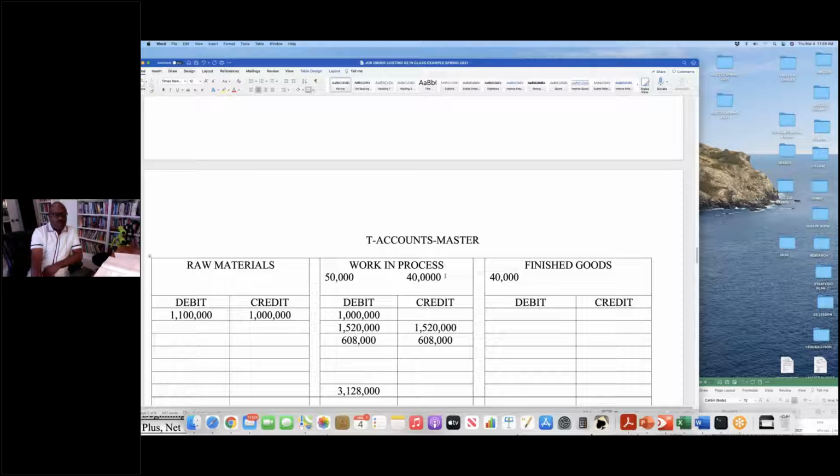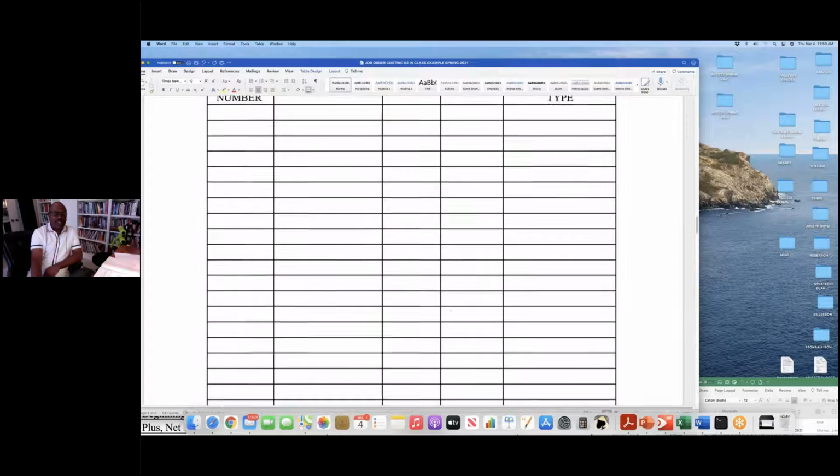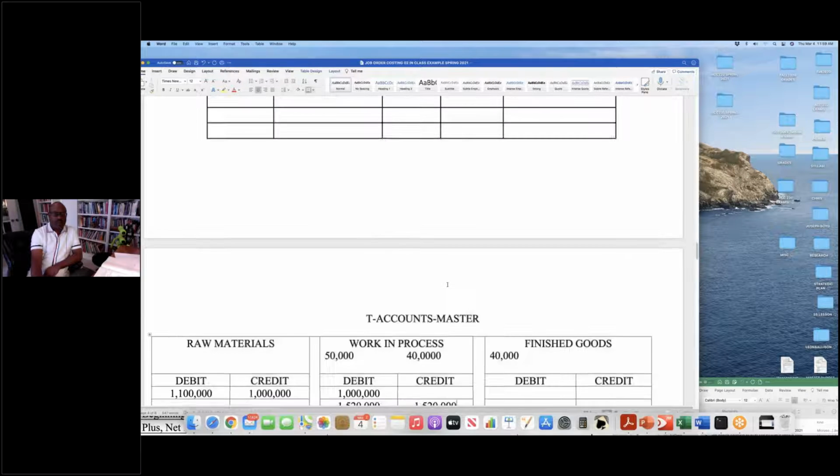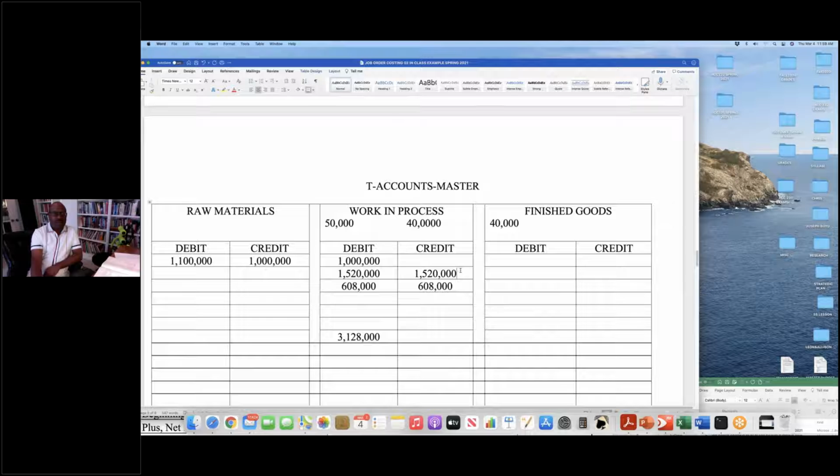How much was the ink on a unit basis? $10 per unit. Okay, so it was $10.